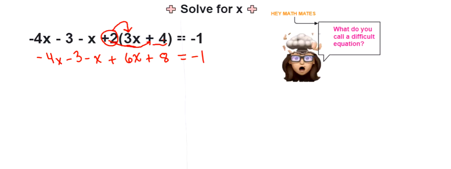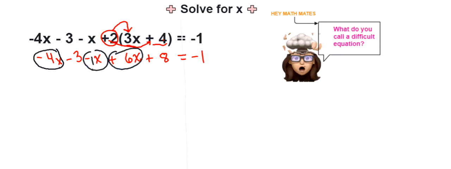And what are we going to do? We're going to take a look at combining like terms. So let's find all our x's. I got a -4x. I got a -1x. If you want to put the 1 there, you can. A -1x. And I've got a +6x. So let's combine those first. I've got 4 negatives and 1 more negative.